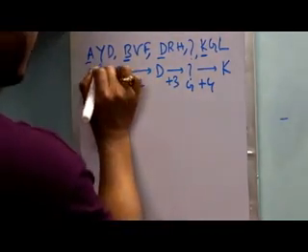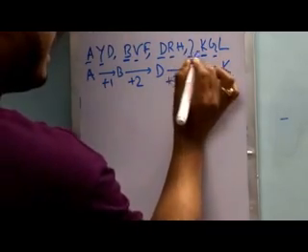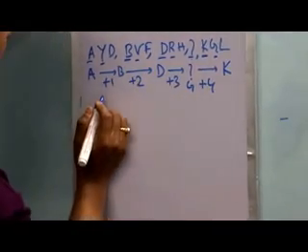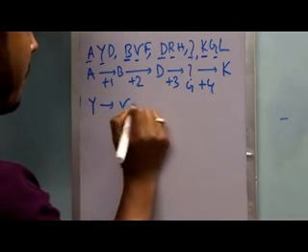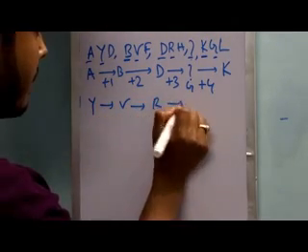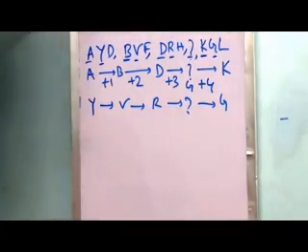Now in case of the second one: Y, V, R, question mark, and then G. What is the relation here?